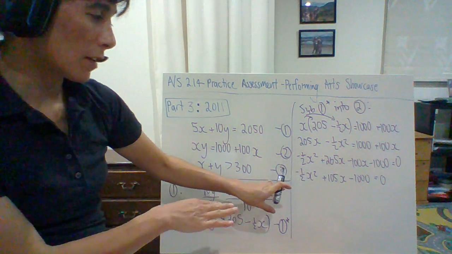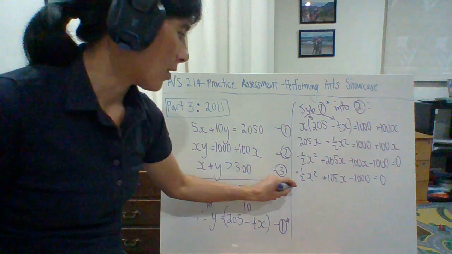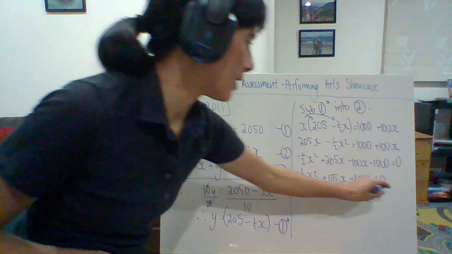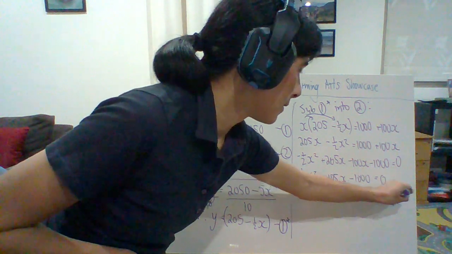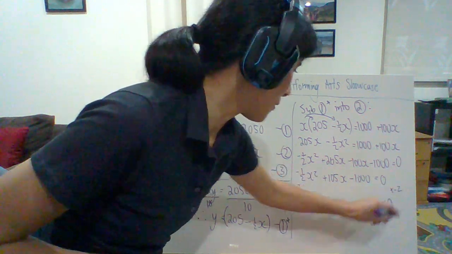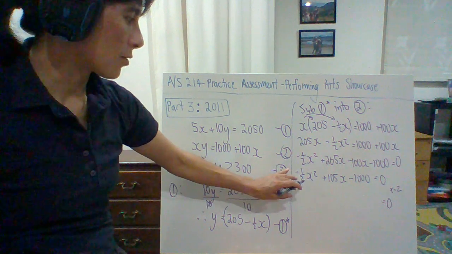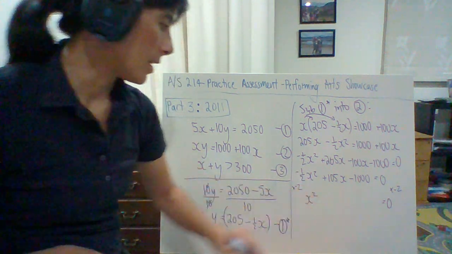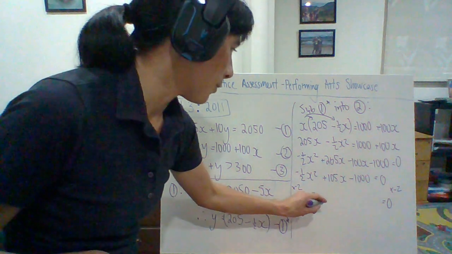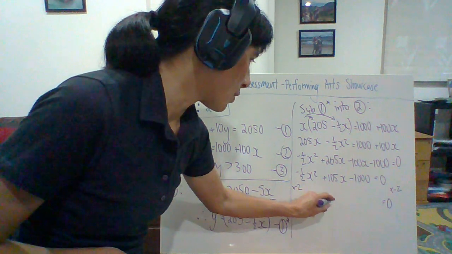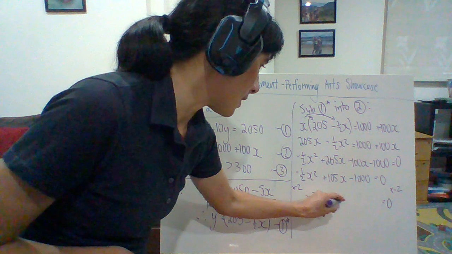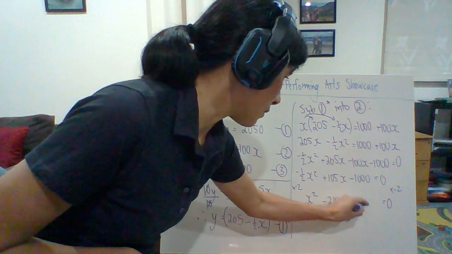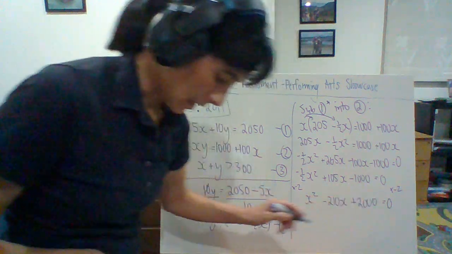You could use the quadratic formula at this point, but I'm going to multiply through by negative 2, everything on this side and everything on this side. By doing so, it just ends up with positive x squared, then minus 210x, and then changing the sign, plus 2,000.